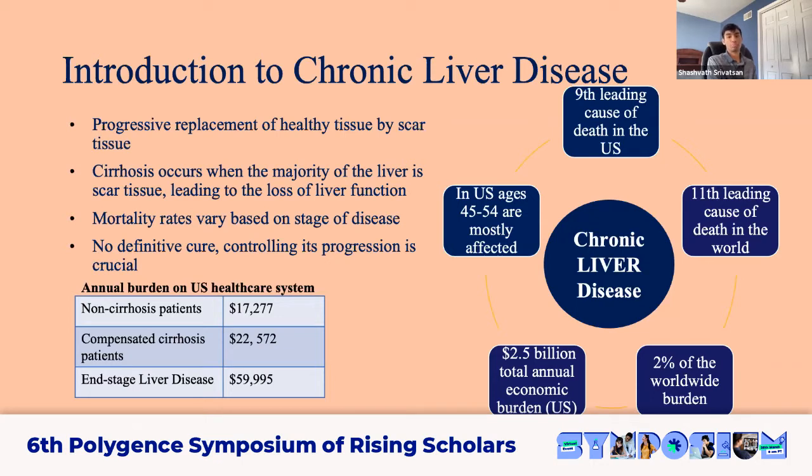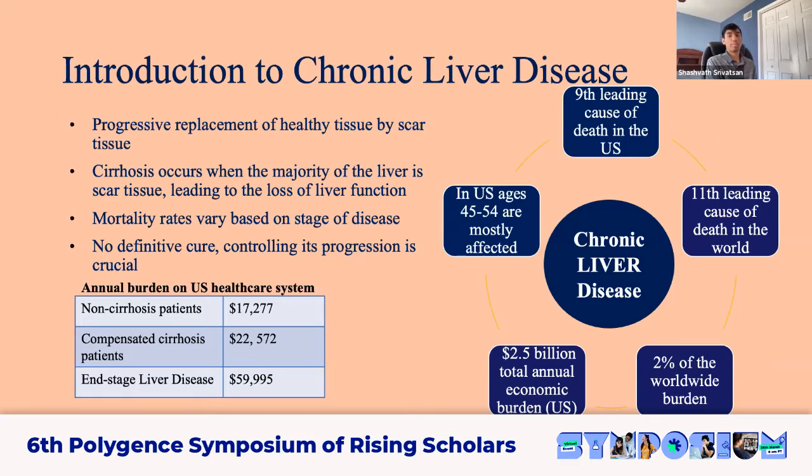Compensated cirrhosis patients show no or minimal symptoms, while decompensated patients experience severe symptoms due to their acute liver failure. Although there is no definitive cure for chronic liver disease, common treatments include lifestyle changes, such as reduced alcohol consumption, losing weight, changes in diet, certain medications, and in extreme cases, liver transplants. The large burden liver disease has on the US healthcare system makes it a priority.